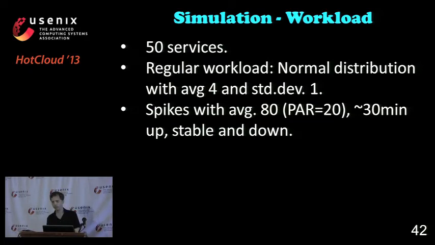We used here 50 services. The regular workload is normally distributed with an average of 4, and the spikes go up to 80. So a peak to average ratio of 20. And we have it sort of symmetric, so about 30 minutes to go up, 30 minutes steady, and then 30 minutes until it exponentially drops back to the stable state.